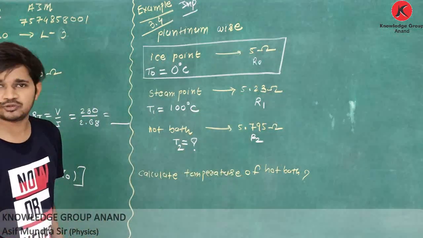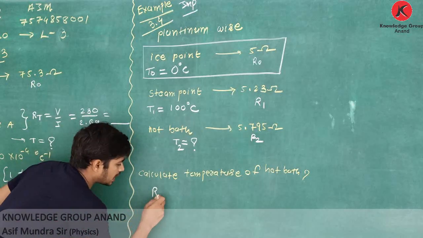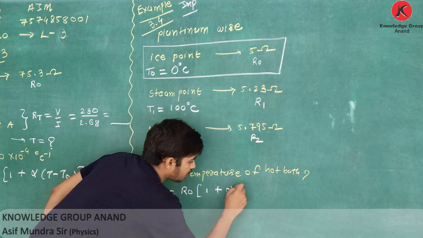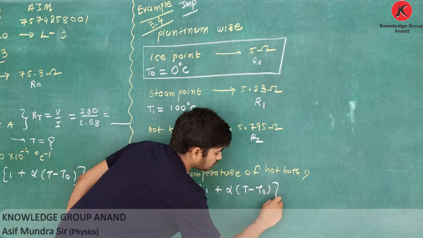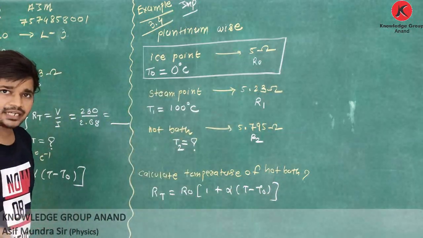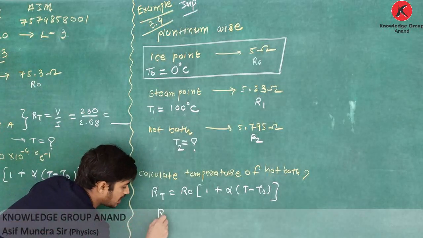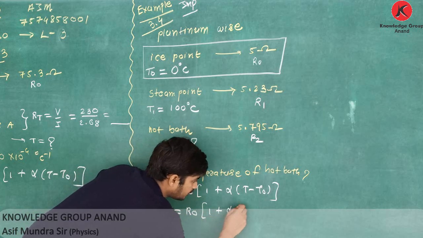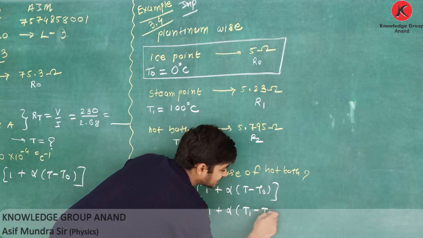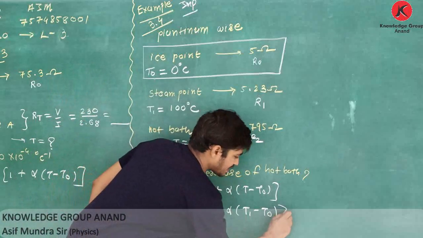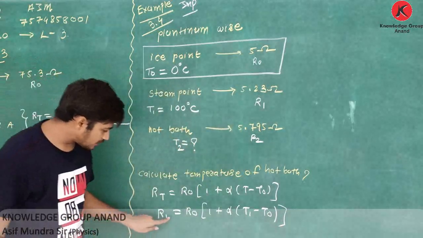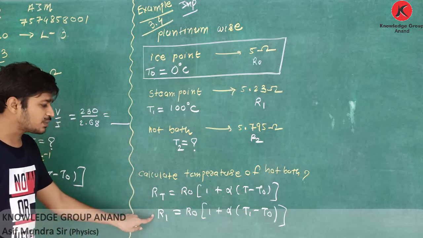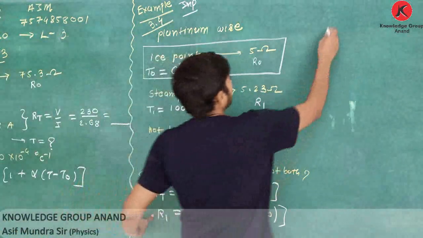Now which equation do you have to use? Yes, you have to use this equation. RT is equal to R0 into 1 plus alpha into T minus T0. Okay. Now I can write this equation as R1 is equal to R0 into 1 plus alpha into T1 minus T0. Clear about this? Now if I simplify this equation, I can write like this.